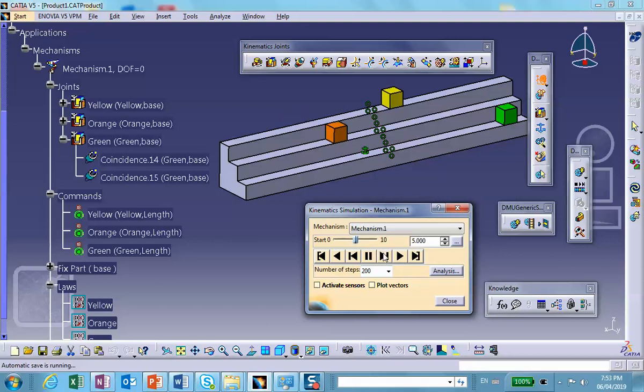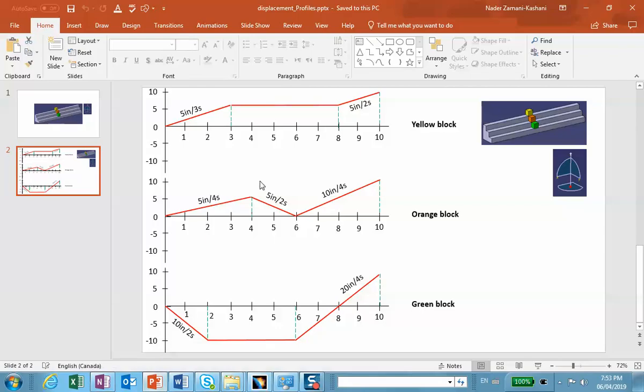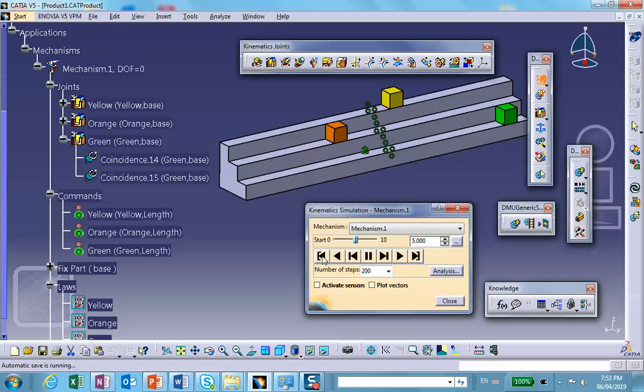Oh, this one, the problem is here. There's something wrong with our formula with this yellow one, because I didn't like the way the yellow one behaved. The yellow one at 6 seconds, see now, the yellow one at 8 seconds, it should start moving, not 6. Okay, so let's go and check, rewind this thing, let's check our formulas.